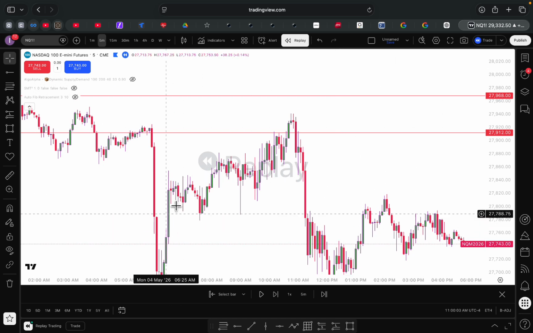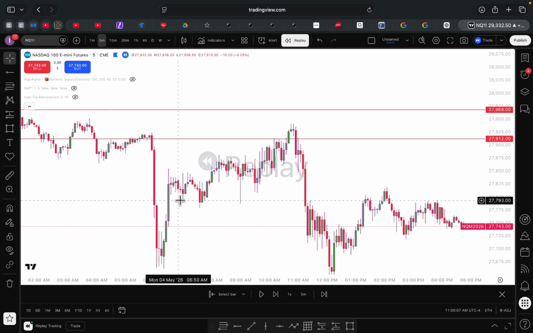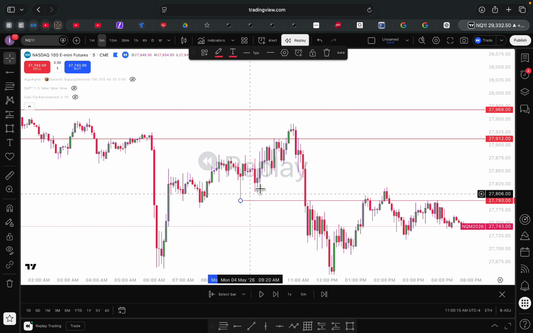If you look at this, you would have been like, okay, I could have taken buys. But do you see how it would have been hard to actually have an entry? Unless you enter off of this rejection, you would have been teetering back and forth.